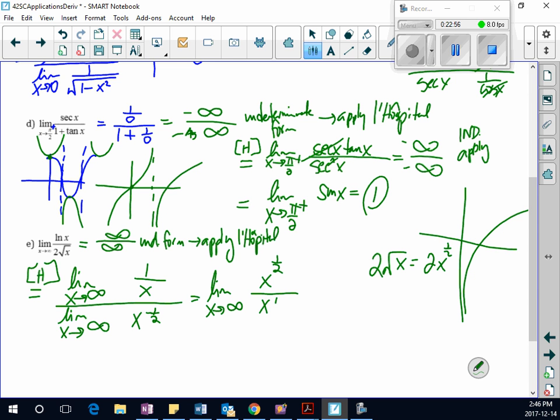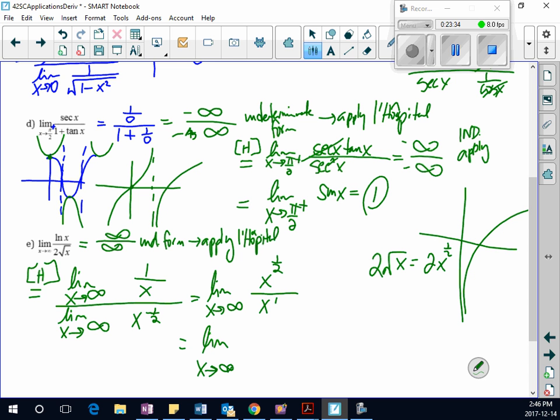You could simplify it, and then with the x's you would get 1 over x to the power half, right? Is everybody good with that? If you do it right now, you could leave it as indeterminate form and then apply again. You have an option, because you get infinity over infinity right now.